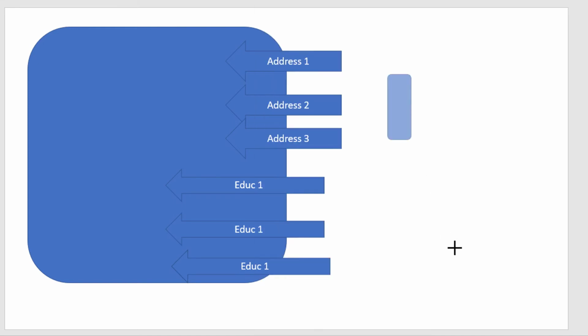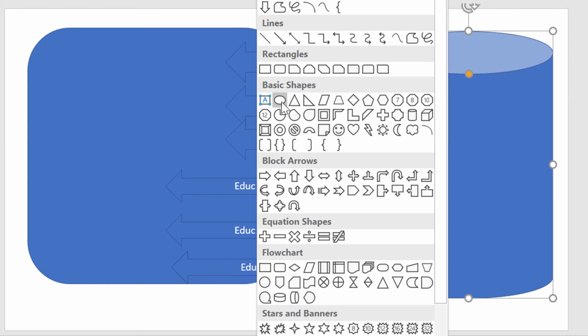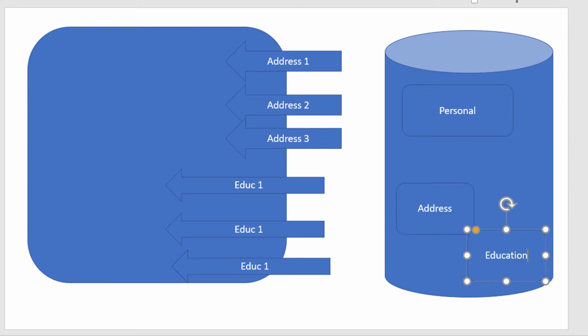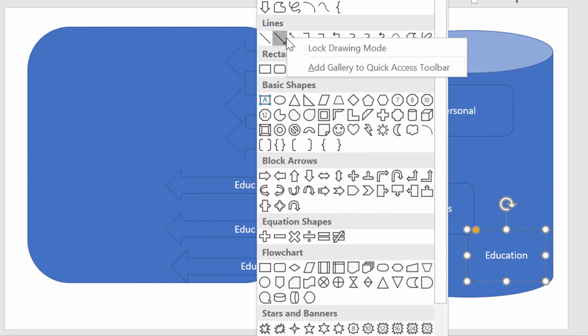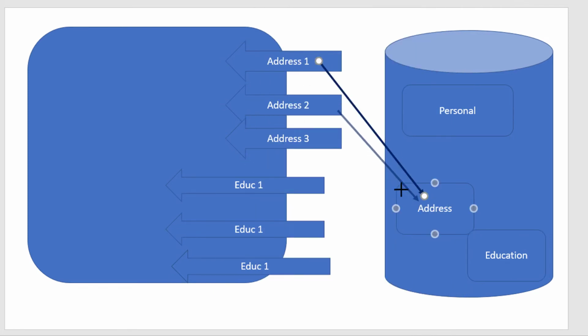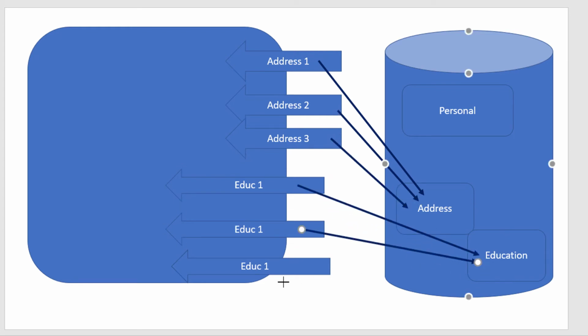I will end up having three different tables: a personal table, an address table, and an educational table. All these records would be stored within the RDBMS and the relations maintained. So the address would be stored in the address table, educational information in the education table, and there will be a 1:n relationship between the personal and education information.